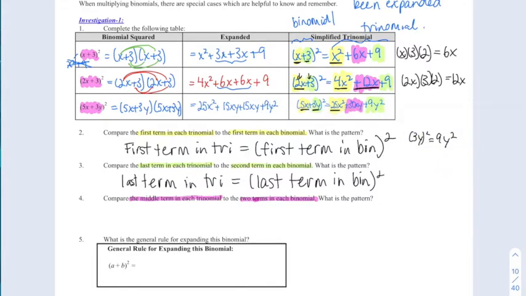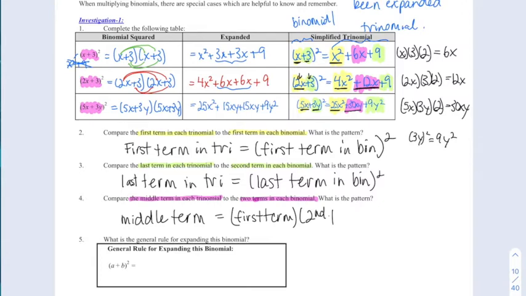And also this term, 30xy, is equal to 5x times 3y times 2. That's 30xy. So we can say that the middle term is equal to first term times second term times 2.